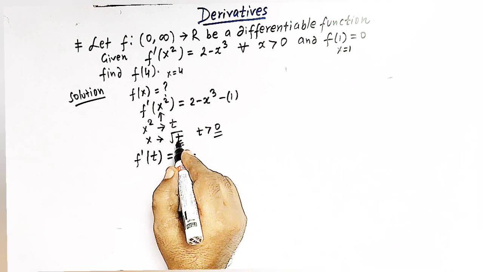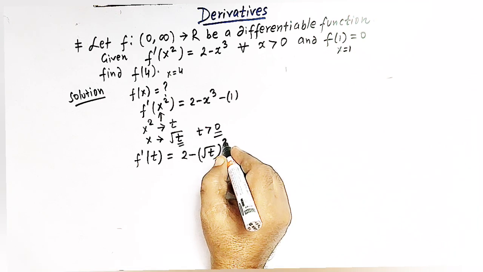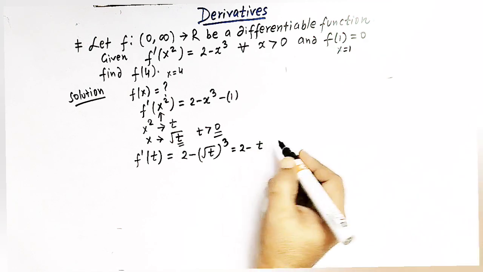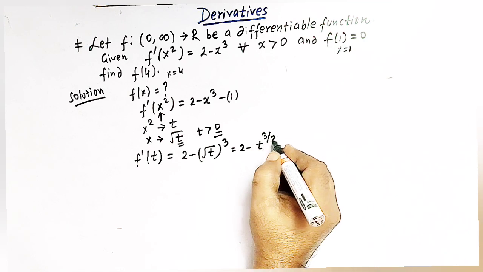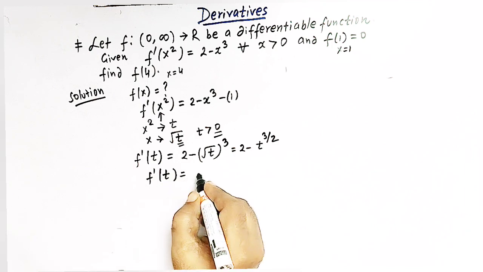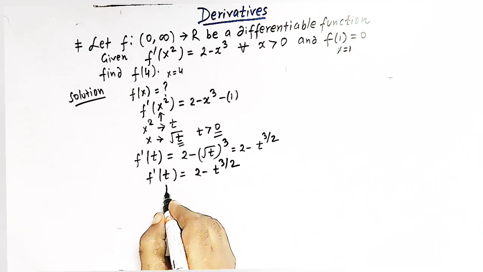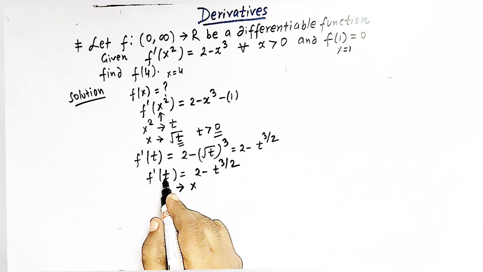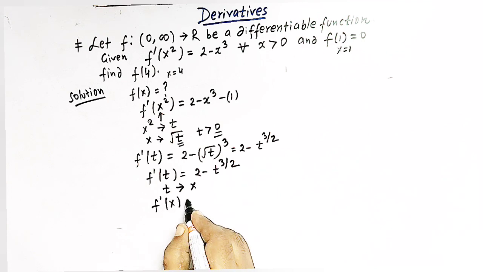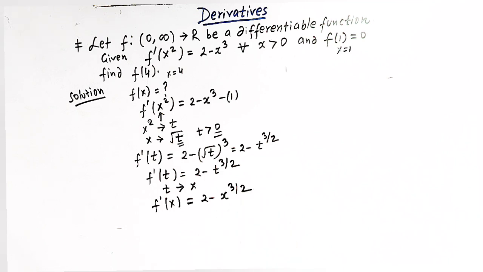Now x is equal to square root of t, so here we can write square root of t raised to 3. So now we can write 2 minus t raised to 3 over 2, right? So f prime of t is equal to 2 minus t raised to 3 by 2, and again replacing t by x, because this is a dummy variable, we can now write f prime of x is equal to 2 minus x raised to 3 by 2, right?